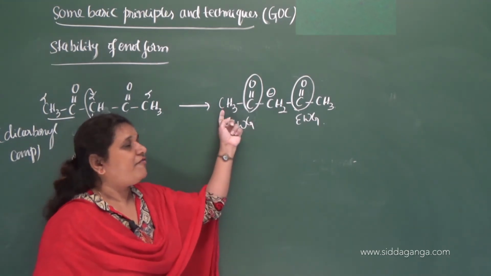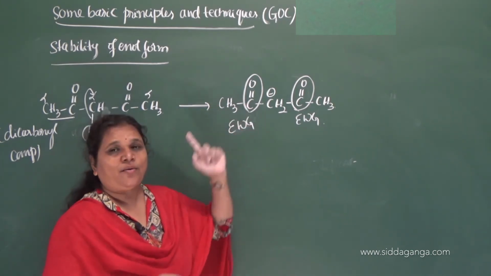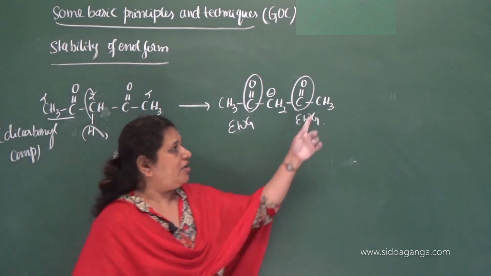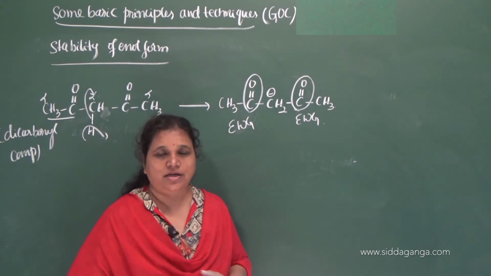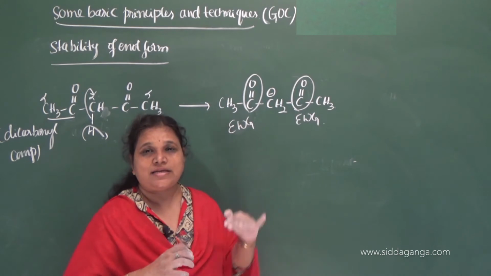So if the alpha hydrogen migrated from here, you'll get only one electron withdrawing group to stabilize the anion.